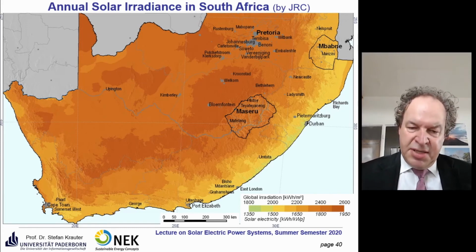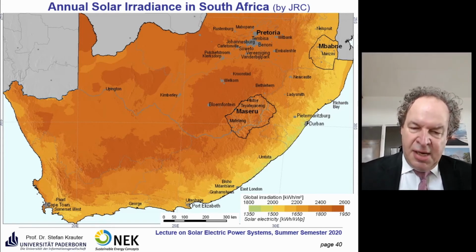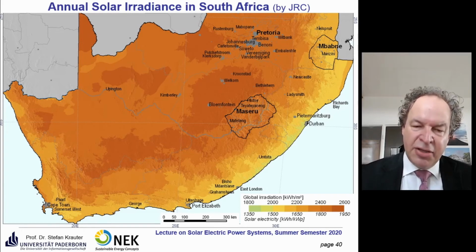Also there is a quick estimation of the available solar electricity, but we will come to this more extensively. Just to mention here, if we install 1 kilowatt of a photovoltaic plant, this is indicated here by kilowatt peak. This peak stands for the nominal power of a photovoltaic plant, and the kilowatt hours here are not for irradiance, but for electrical output.